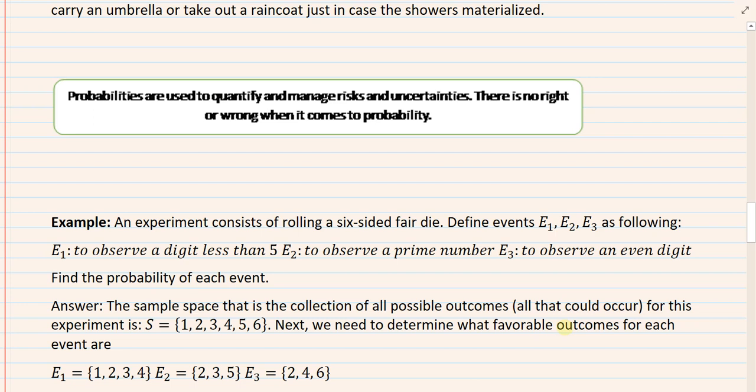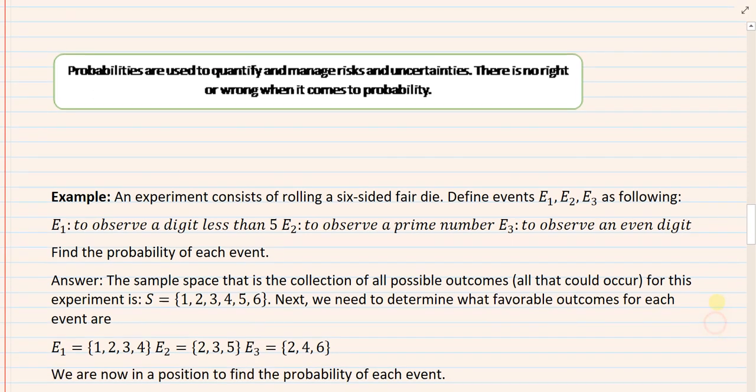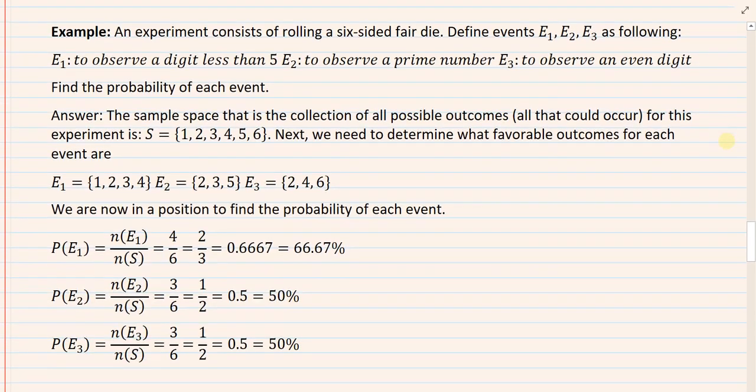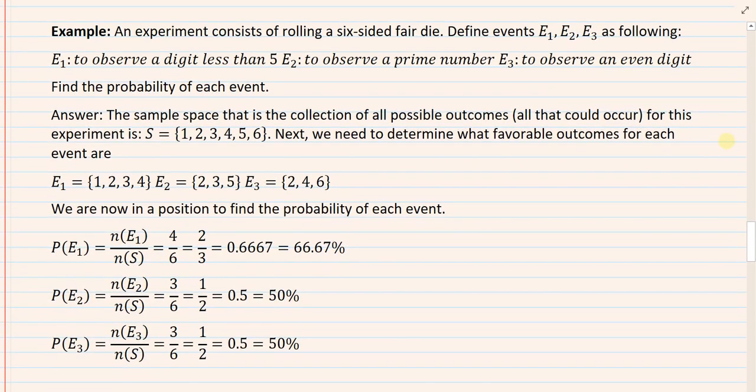For this experiment, any of the digits 1 through 6 could occur. And because it's a fair die, all of these outcomes are equally likely. So it meets the requirement of the classical definition of probability. And because of that, I can find these ratios and those probabilities.